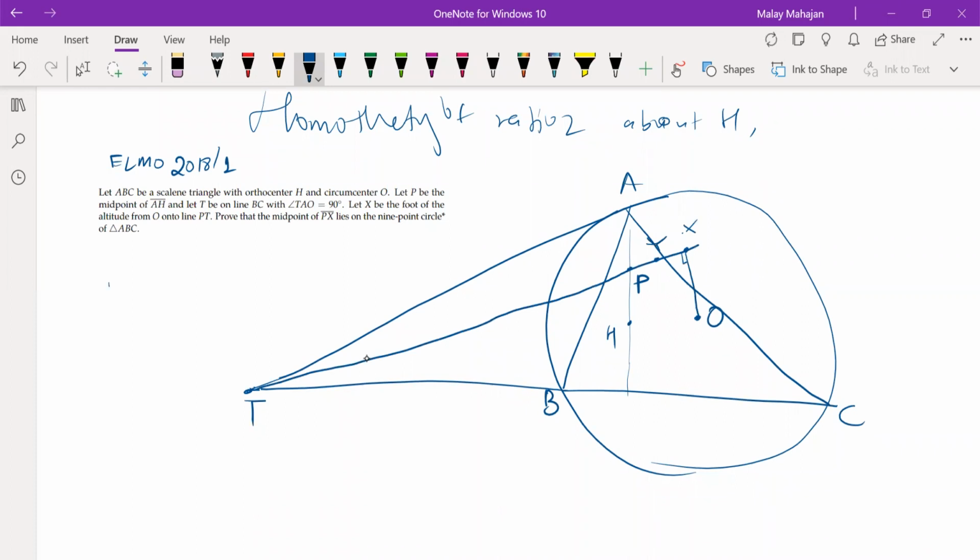Y is the midpoint of PX. So we have to prove Y lies on the nine-point circle. So is the problem clear? Yeah.